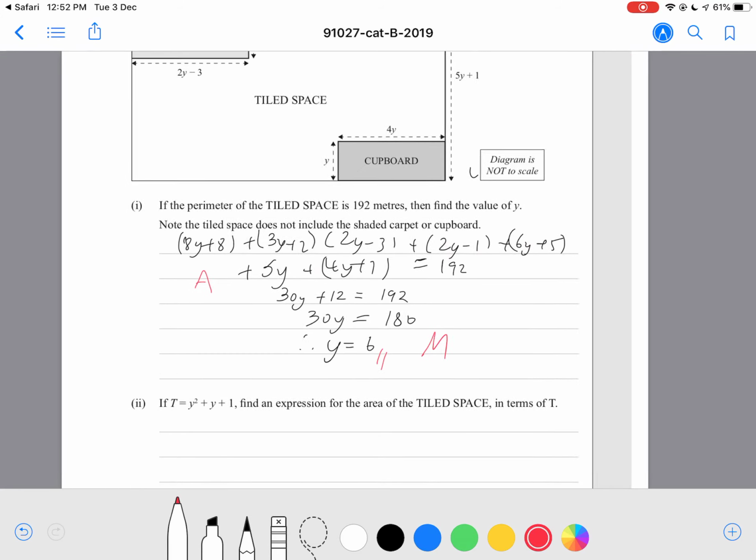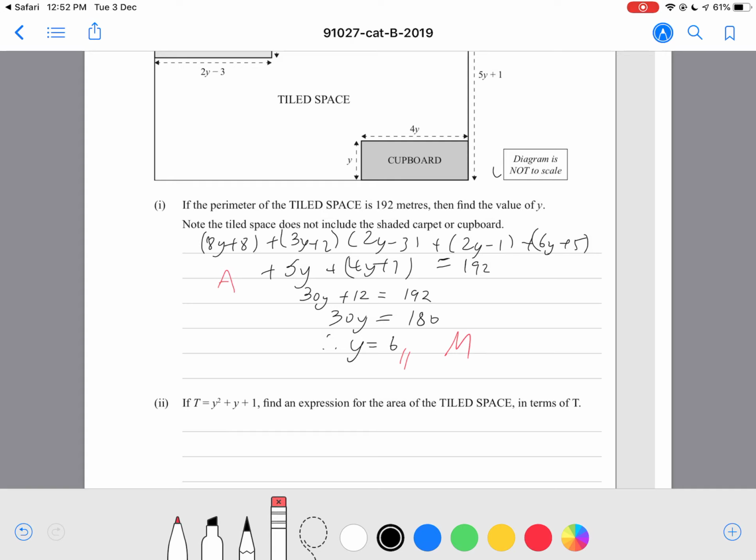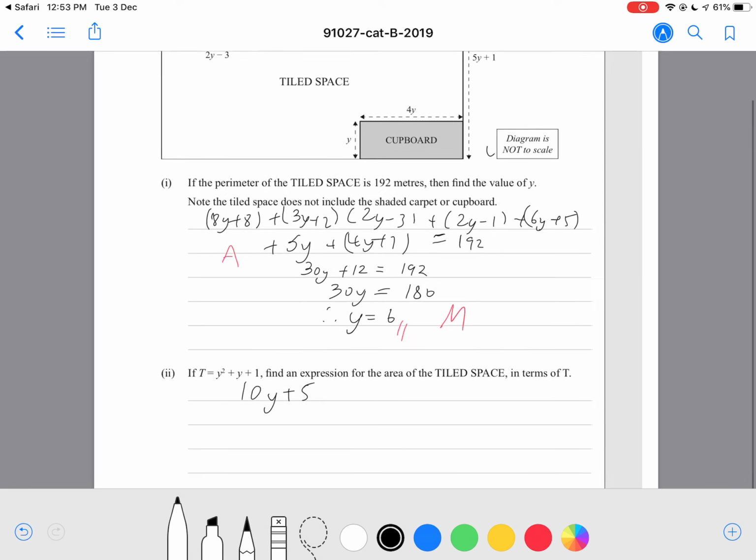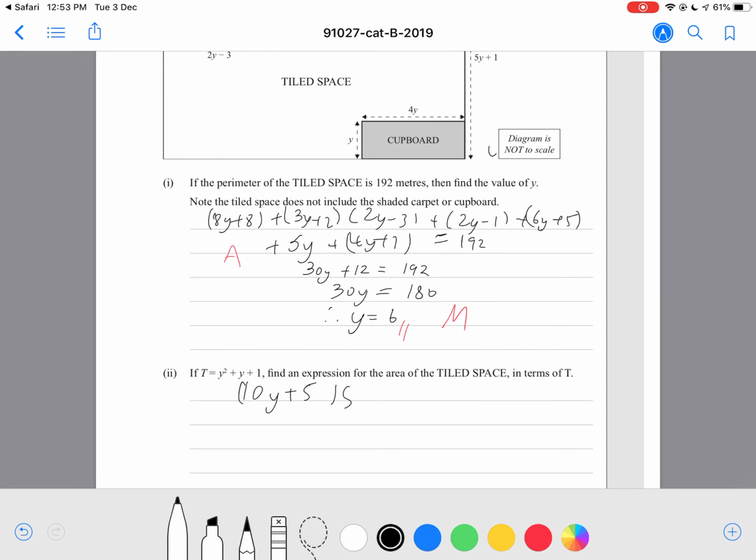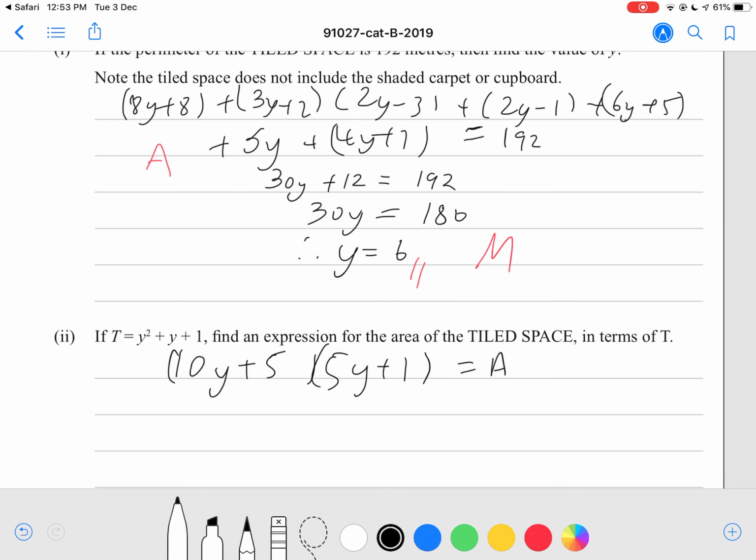So we can say 10y plus 5 multiplied by 5y plus 1 is equal to the area of the rectangle.